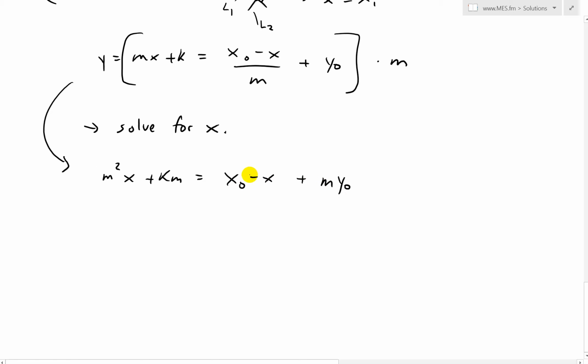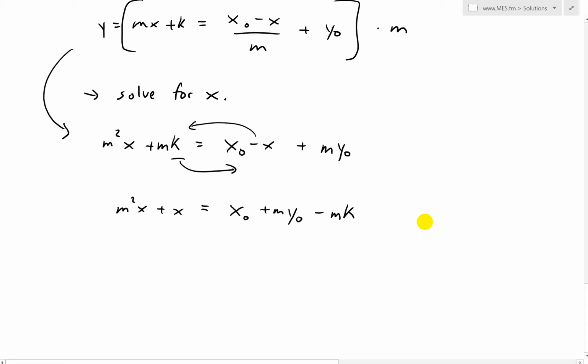Now I'll move this negative x to this side, where it becomes positive, and move this km over there, so that we have the x's on one side. So we have m squared x plus x equals x0 plus my0 minus mk. I'll put the m in front, mk, just to make it always the same.